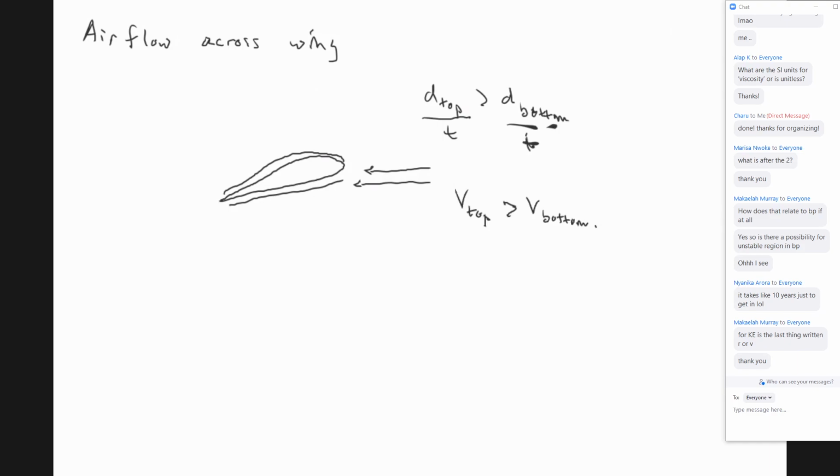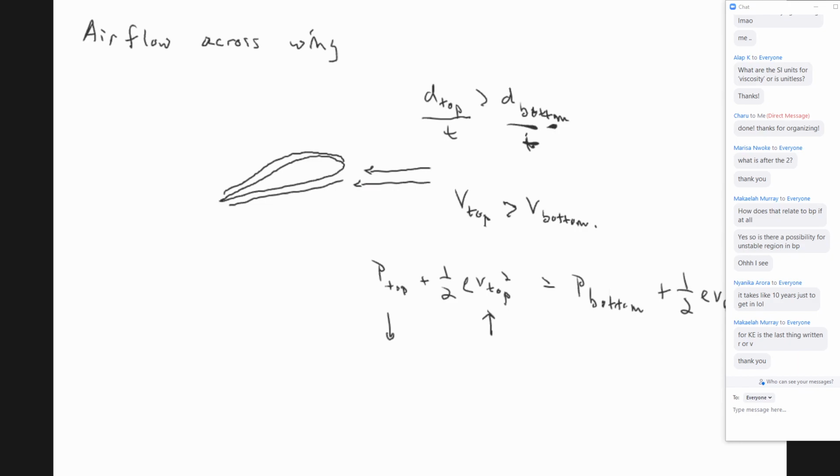So if we're comparing Bernoulli's equation, we see that pressure on the top plus 1/2 rho V top squared is equal to pressure on the bottom plus 1/2 rho V bottom squared. So we know the velocity at the top is greater, right? That means the overall kinetic energy term is greater, which means there's less pressure at the top.